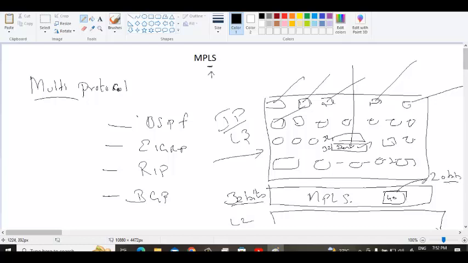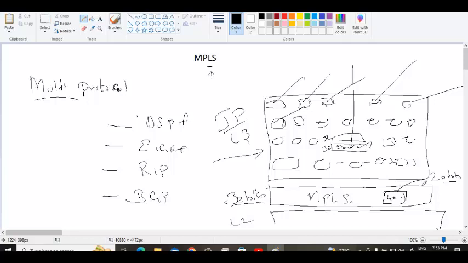By reading just 32 bits, you will come to know one label. And when you read the label, you know the meaning of the label. You know the destination of that packet. Label number 40 is given to, let's say, 8.8.8.8. Every router knows that this label means this.